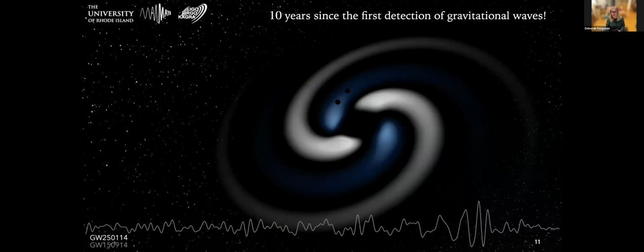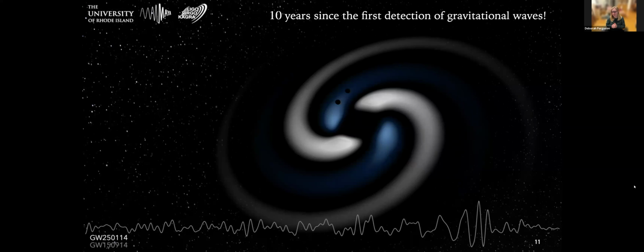And what's also exciting is how much detectors have improved in those 10 years. So nature gave us an interesting opportunity this year where, so GW150914, if you can see my cursor, is down here in the bottom left. So the line along the bottom is the gravitational wave signal from the very first detection of gravitational waves. And then overlaid on top of it will be this new detection, GW250114.